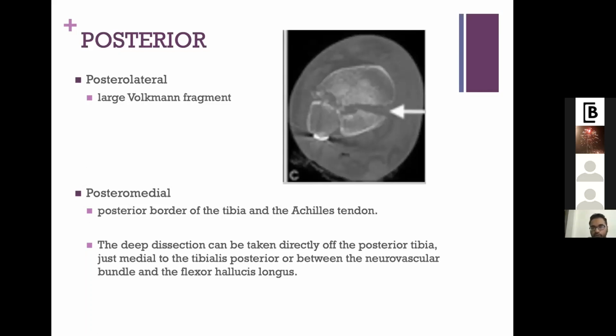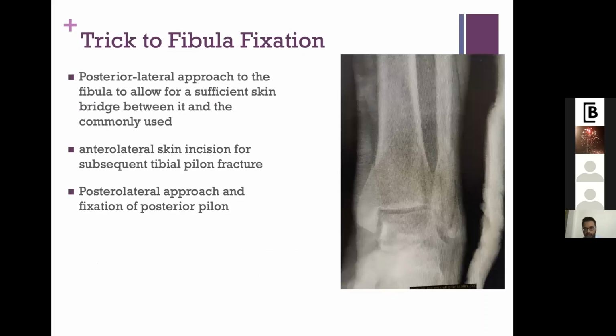If you are doing an anterolateral incision along with a posterior one, your incision should be a little more posterior compared to the direct lateral, to give a very good skin bridge between the two incisions. So the trick to fibula fixation is to put your incision as posterior as possible, anticipating any further incision in the anterolateral aspect, so that an adequate skin bridge can be kept.